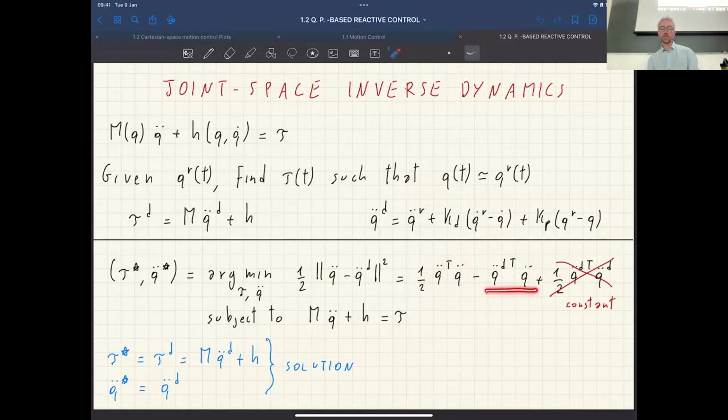This quantity here is linear because q double dot desired is a constant. It's not a decision variable. So the only decision variable you have here is q double dot. So this term here is linear. And this term here is a constant because it's q double dot desired transpose times q double dot desired, both constants, so the product is a constant.